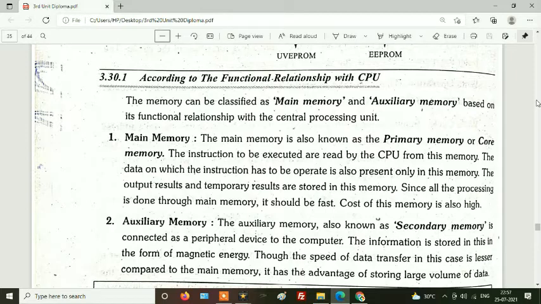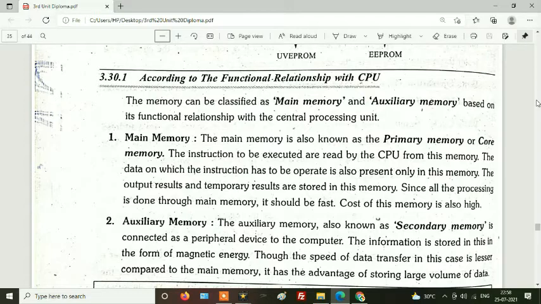The instructions to be executed, the data to be fetched, the output results and the temporary results are stored in the main memory. The central processing unit does every operation through this main memory. That is why you call this main memory a core memory. And the cost is very high.